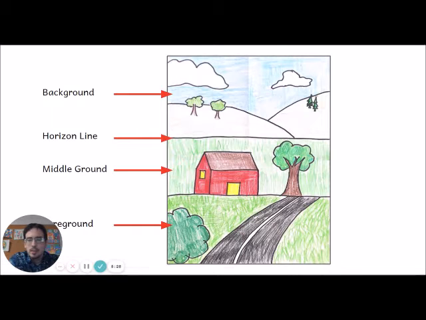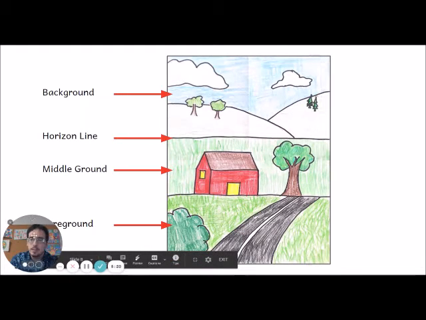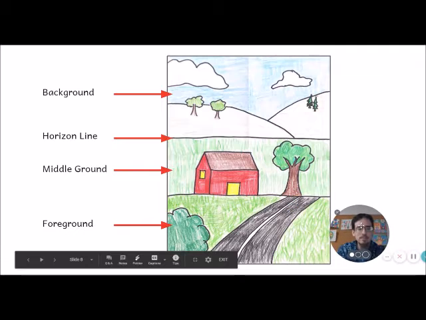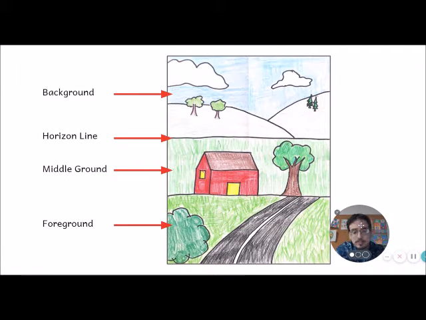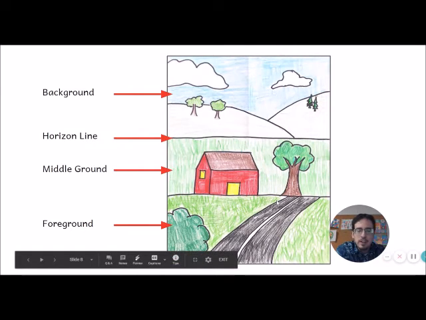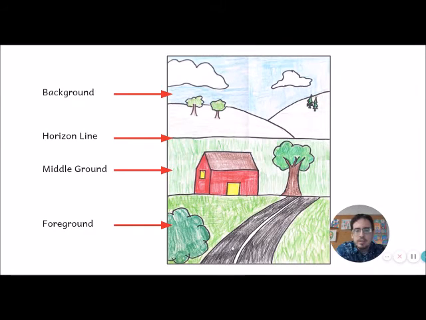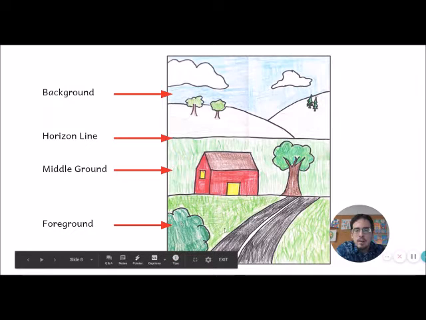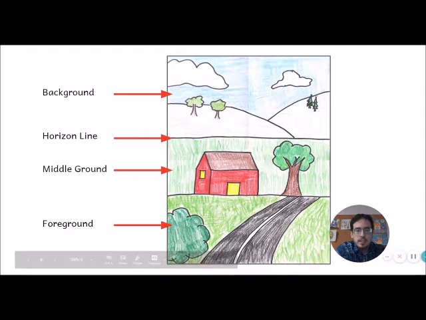So really quickly, we're going to look at the spaces in a landscape. Usually a landscape is split up into three types of areas. The area that's closest to us is the foreground. It's before everything else. And usually things in the foreground are darker colors, bigger shapes, more details.